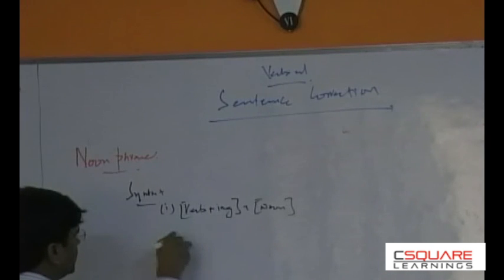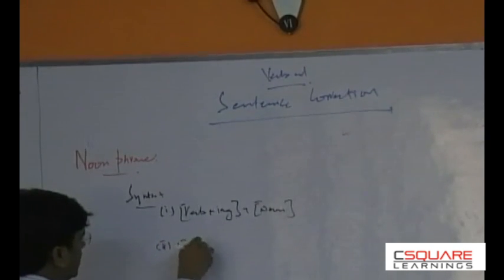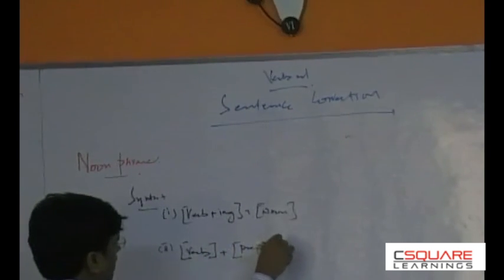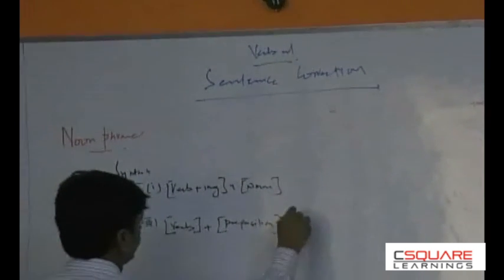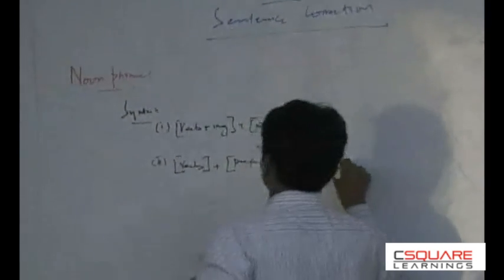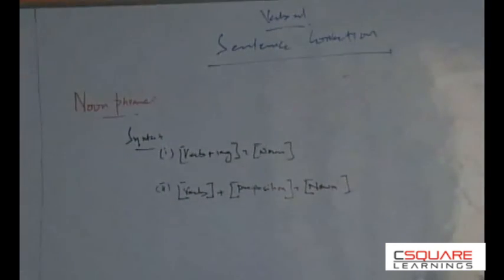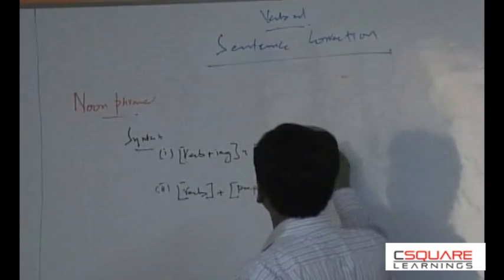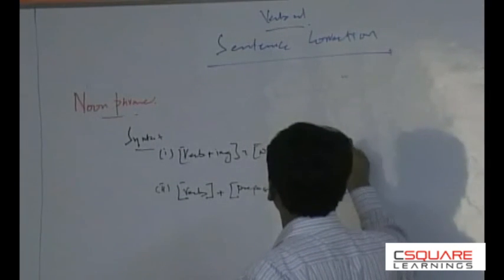And the second is verb plus preposition plus noun. Verb in ing plus noun, and verb plus preposition plus noun. When I say verb in ing plus noun, for example, we'll take rising star.